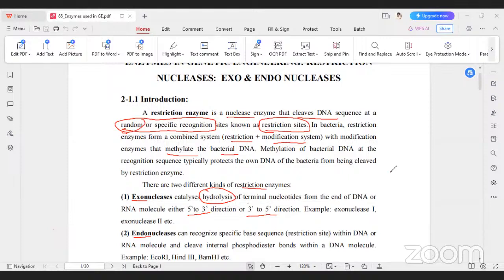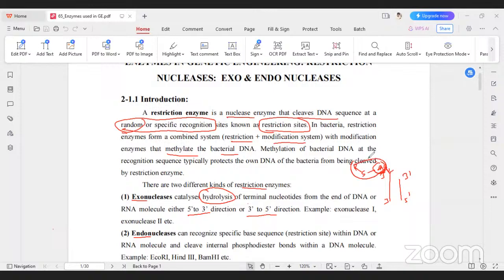So for example, this is 5' to 3', and 3' is always the opposite direction. Here the 5 prime to 3 prime. So the terminal nucleotide, for example, here only the terminal nucleotide. What is a nucleotide? Nucleotide: nitrogen base, sugar, phosphate linkage.